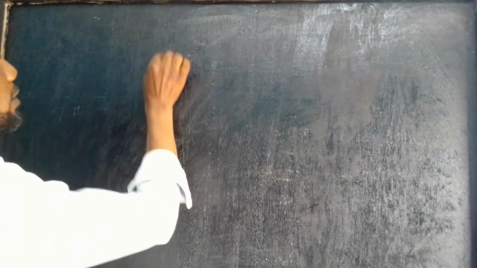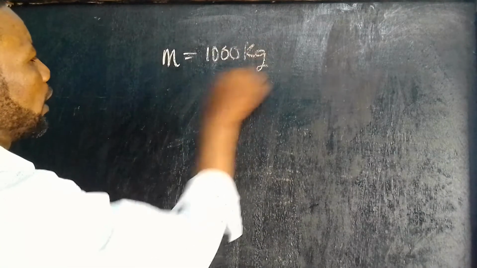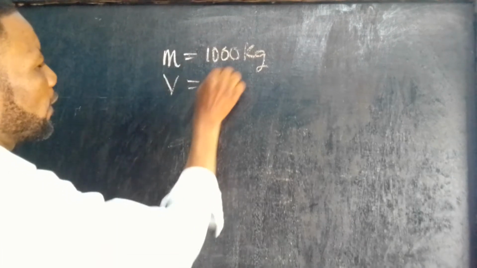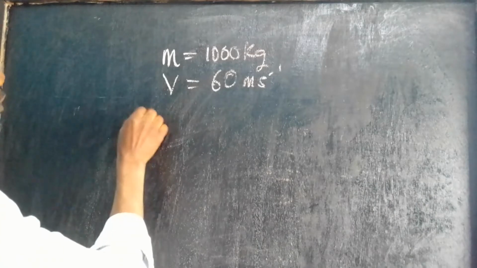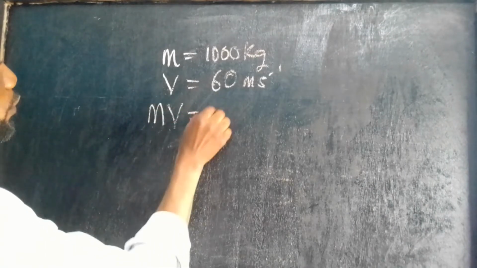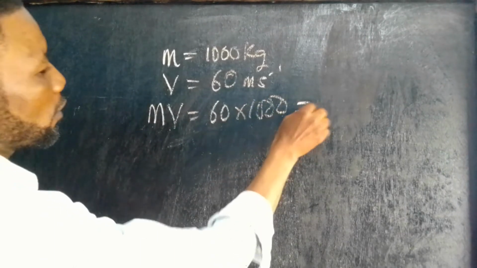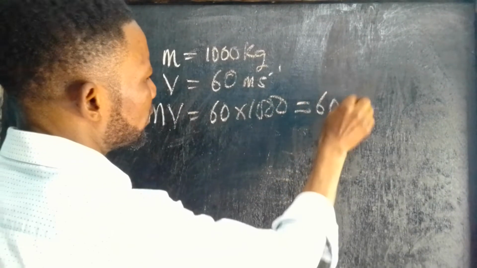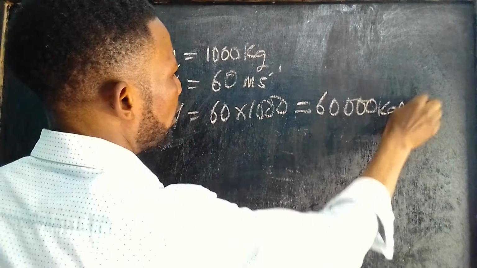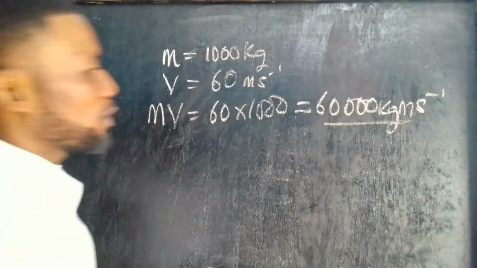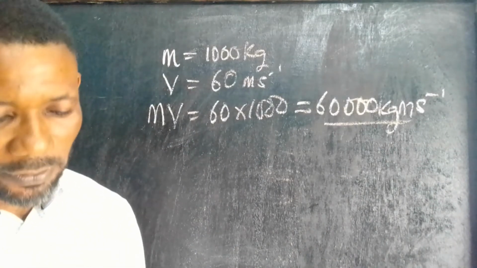The mass is 1000 kilograms, and the speed is 60 meters per second. Momentum is mv, so it is 60 times 1000, giving us 60,000 kilogram meters per second. That's the momentum of that body.